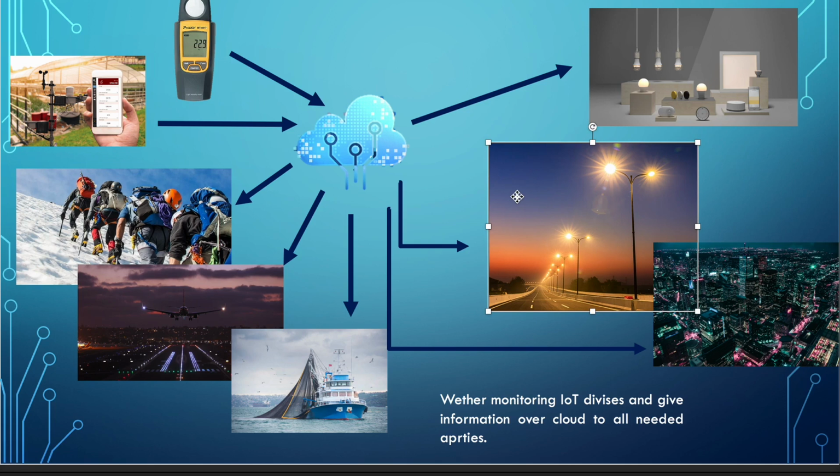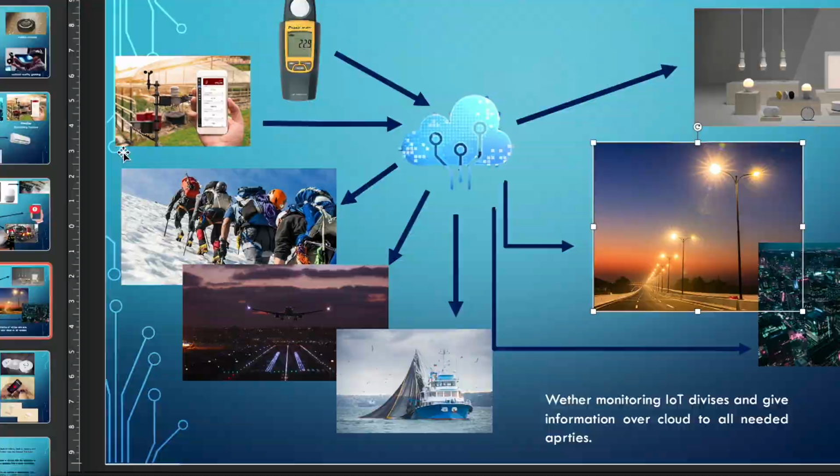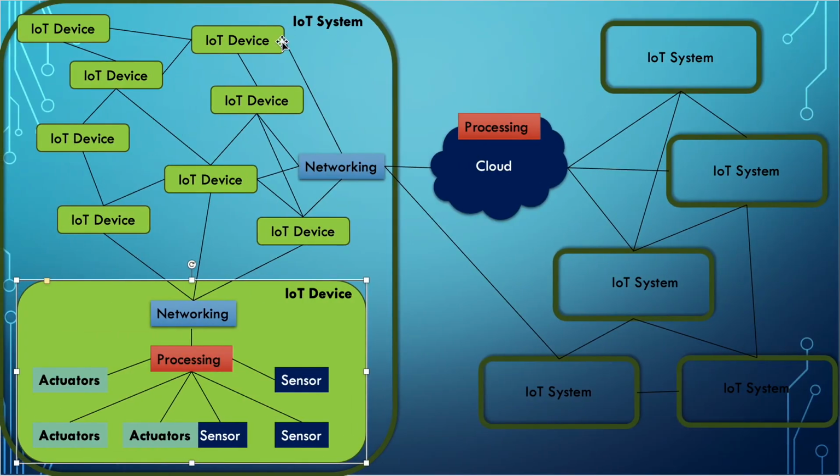If you have a smart grid, if you have a smart city, that smart city would have street lights. Those street lights will turn on when we have the readings of this IoT device, which can detect the intensity of the sunlight. So in the weather station system, there would be one device, let's say this device.